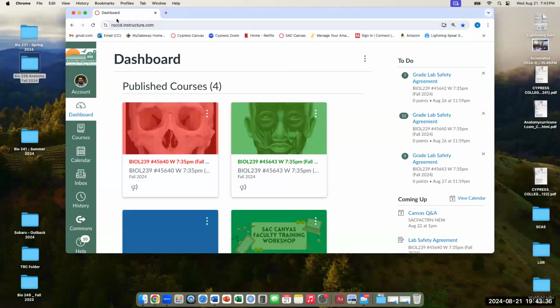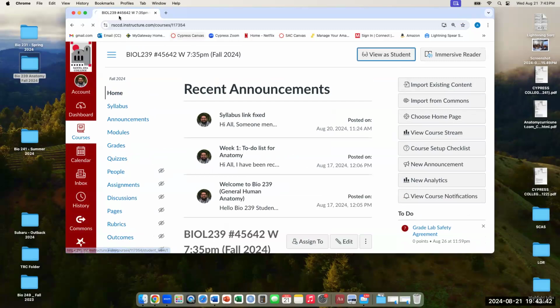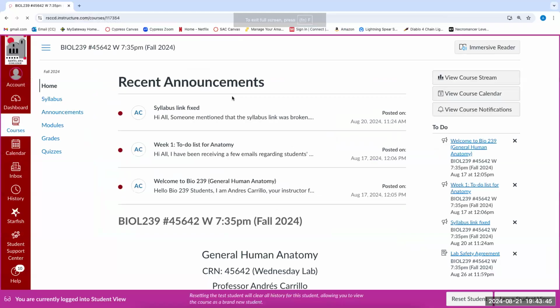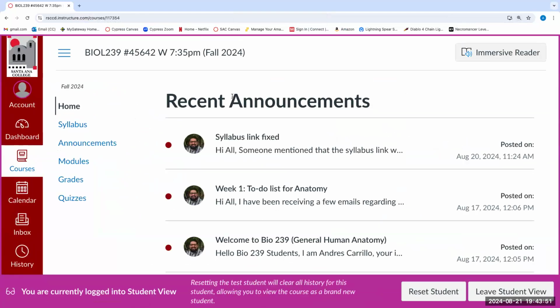I'm going to show you mine. Okay, so here's mine, view as a student. So this is where you're going to be able to find the contents that you need. The key tab that is going to be really important for you to understand where most of the materials are is going to be the modules tab.